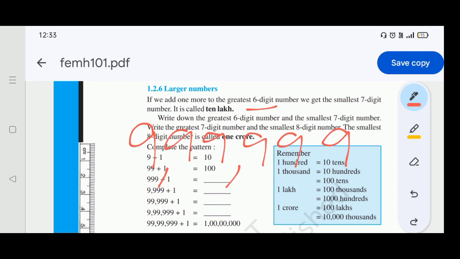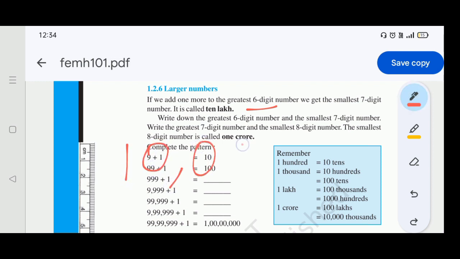This is the greatest 6-digit number. So the smallest 7-digit number would be 10 lakhs. So the smallest 7-digit number is 10 lakhs.